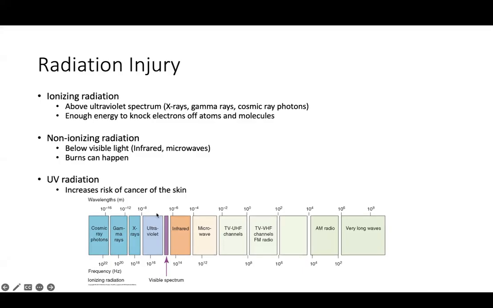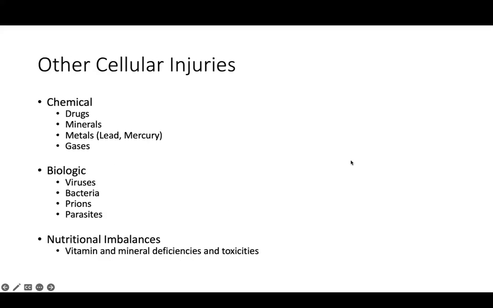It's also damaging to your eyes. It increases risk of cataracts and something called macular degeneration. So it's really common for people to have ultraviolet damage, UV light damage to their eyes that could lead to blindness. So always wear your sunscreen, always wear your sunglasses. But those are examples of radiation injury.